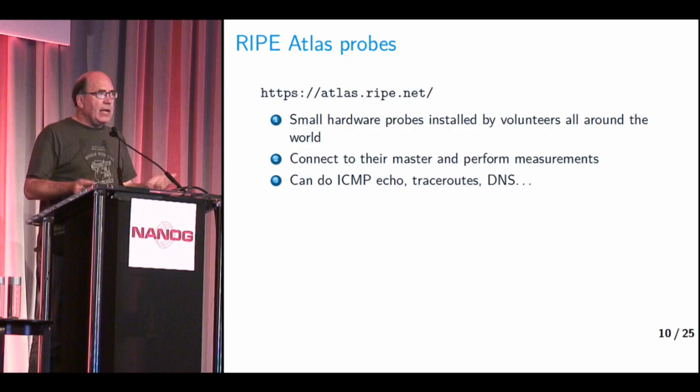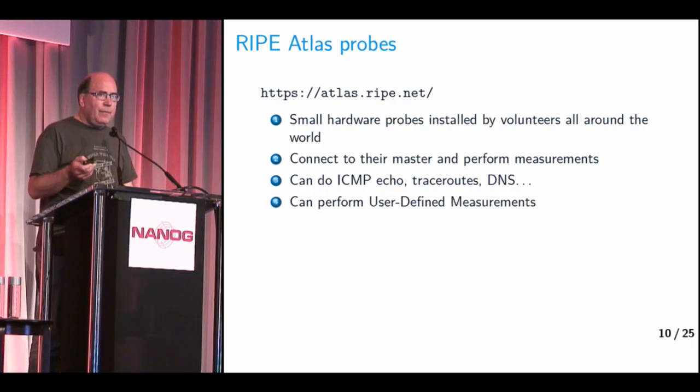You can change a lot of things in the DNS request. And also, these measurements are not decided by the RIPE NCC, but any user of the RIPE Atlas system can decide on their own measurements and can tell the Atlas probes, hey, let's try to resolve nanog.org and see what happens.